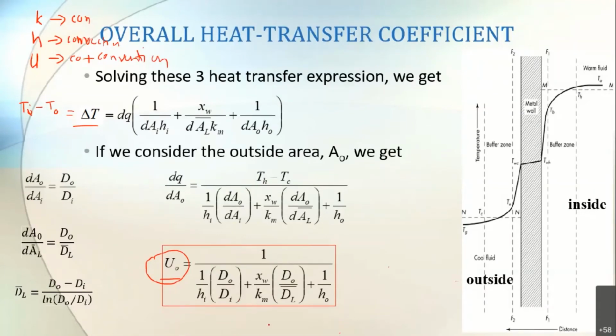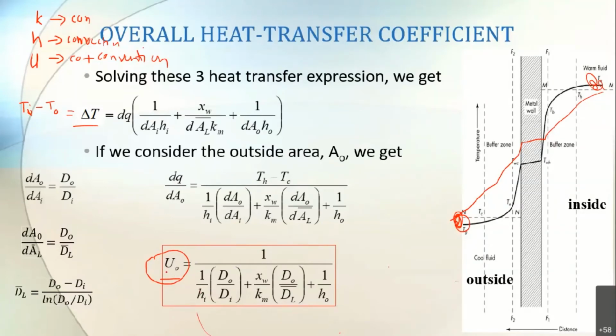So this is a very important heat transfer coefficient, and we call it U, the overall heat transfer coefficient, meaning that it covers whatever heat is flowing from the hot fluid from here to the cold fluid, which is here. So from the combination of convection, conduction, and convection, we get the value of U.